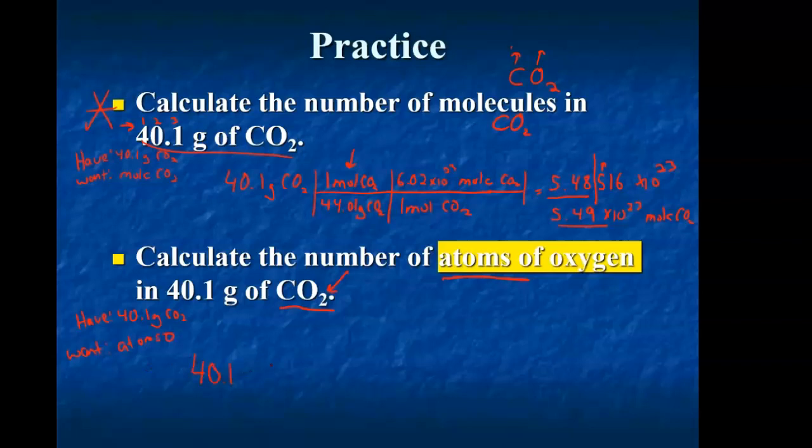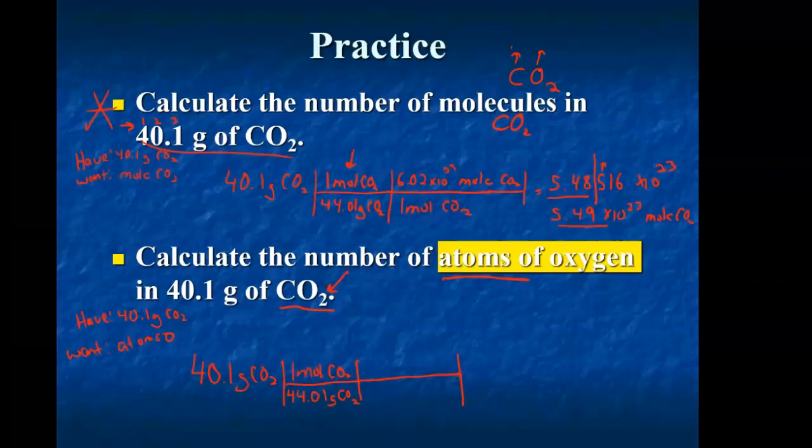So 40.1 grams of CO2. Again, the only way we can get rid of grams is the periodic table. So we added the numbers up from our periodic table. 1 mole of CO2.